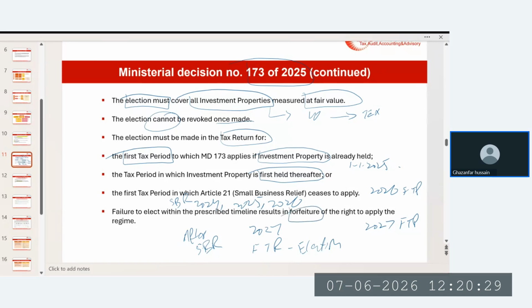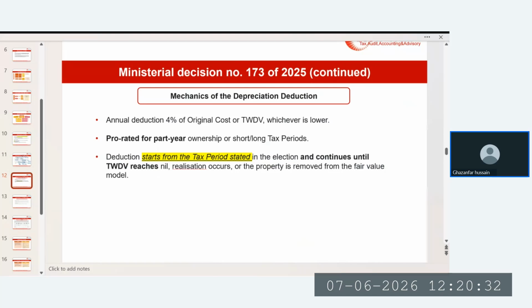Again, this is the importance we have been highlighting since the beginning. The depreciation deduction annually is 4%, of which value, original cost or tax written down value, that also we understand.